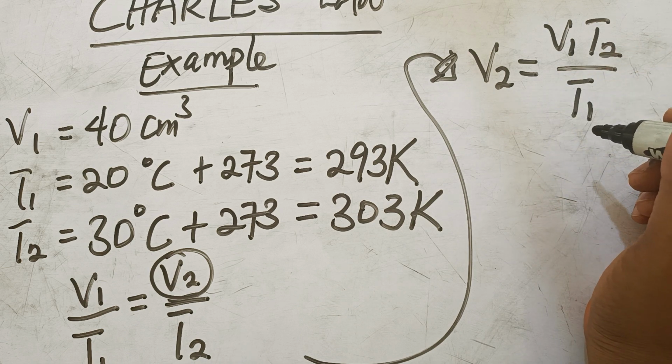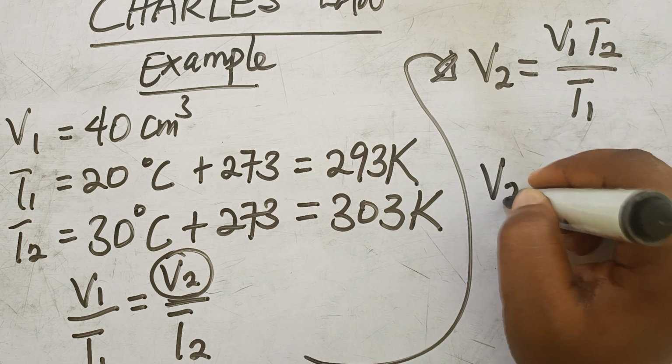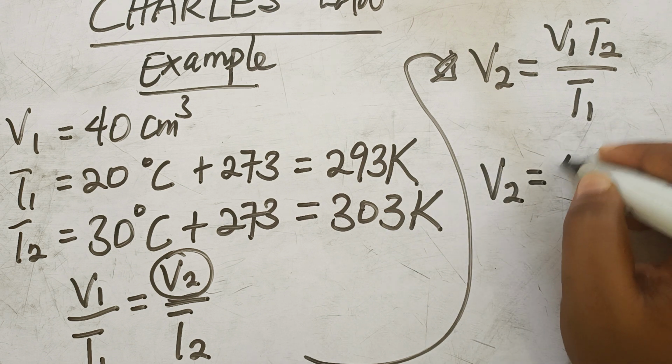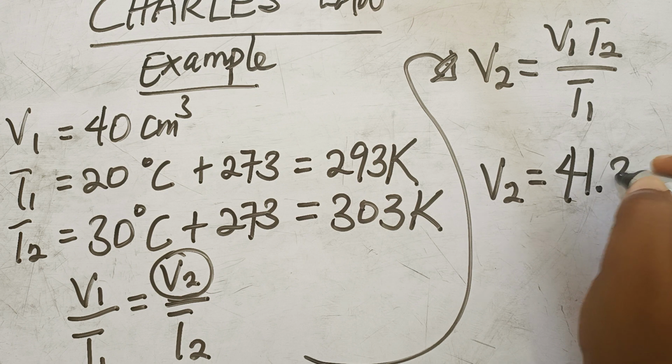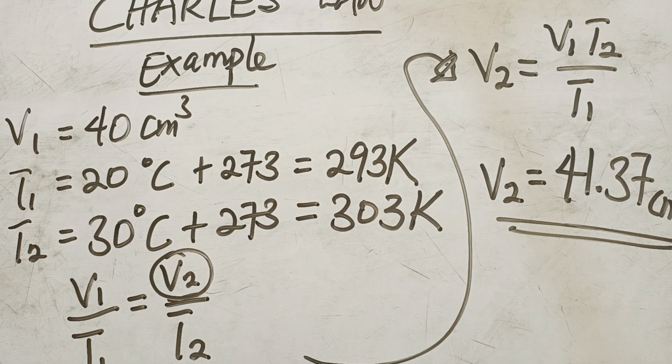When we input our values and do it right, we have V2 as 41.37 cm³.